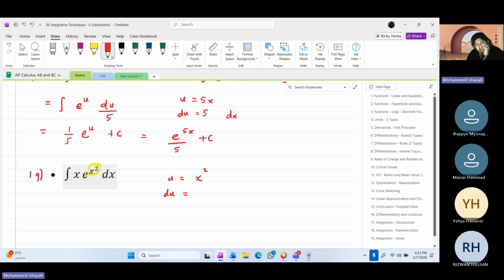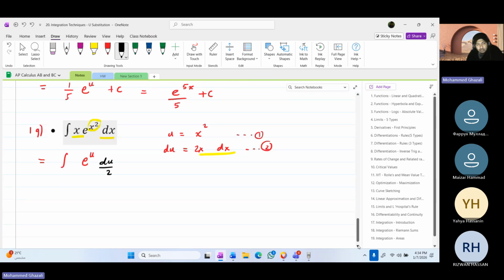So du is equal to 2x dx, and remember the dx from the bottom goes onto the other side. So this is equation 1, and this is equation 2. So let's substitute equation 1 inside. What is x squared? u. And what is x dx? We are only left with x dx now. x dx is du over 2.